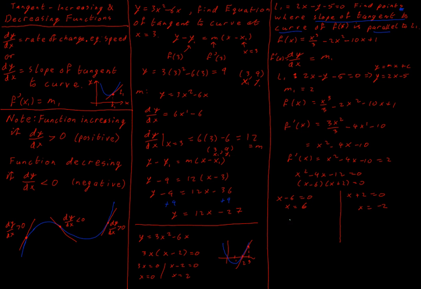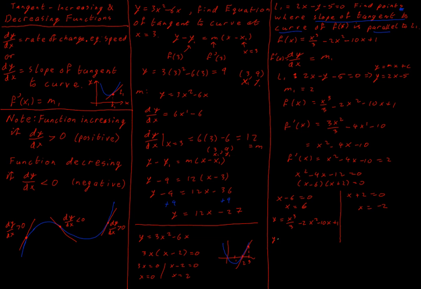And then I'm asked for points. That implicitly means coordinates, so I have to find my y values as well. So I sub back into my original equation. y is equal to x cubed all over 3 minus 2x squared minus 10x plus 1.